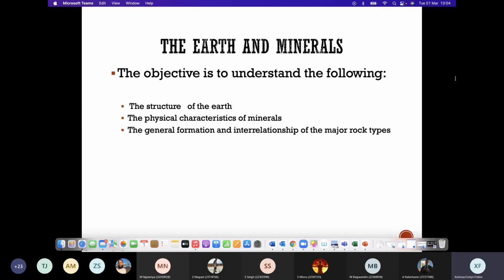So it's very important for us to understand the formation of the earth itself, and the different layers, particularly the layers that we build on, so that we understand the characteristics of the rocks or major rock types found there, in terms of strength, or how the earth itself will react to anything that we build on it.